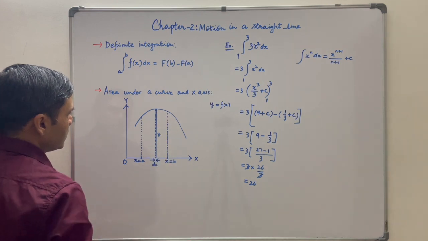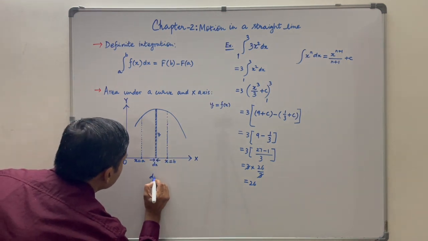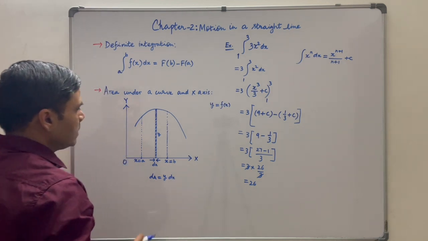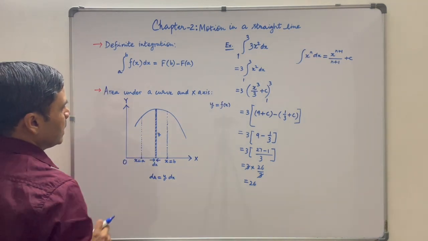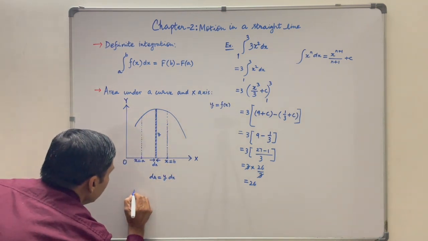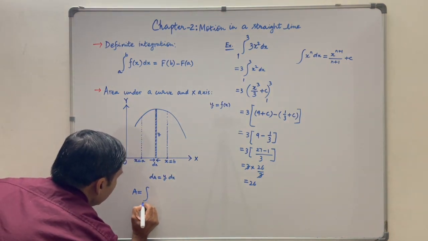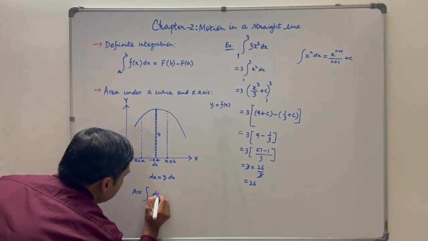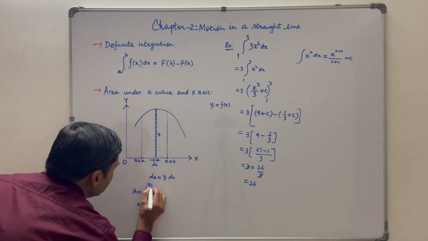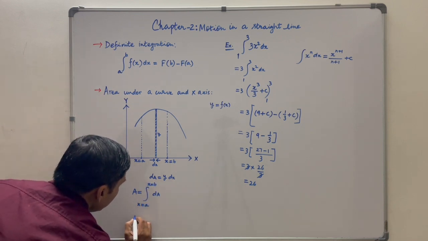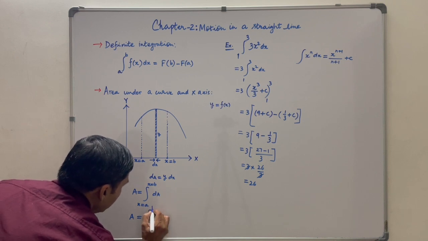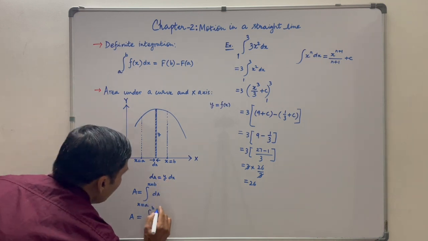So area of the strip will be given by dA is equal to y into dx, considering it as a rectangle of very small width and height y. So area will be given by integration of dA between the limits x equal to a and x equal to b. So we can write it as area is equal to integral from a to b, dA can be replaced by y dx.